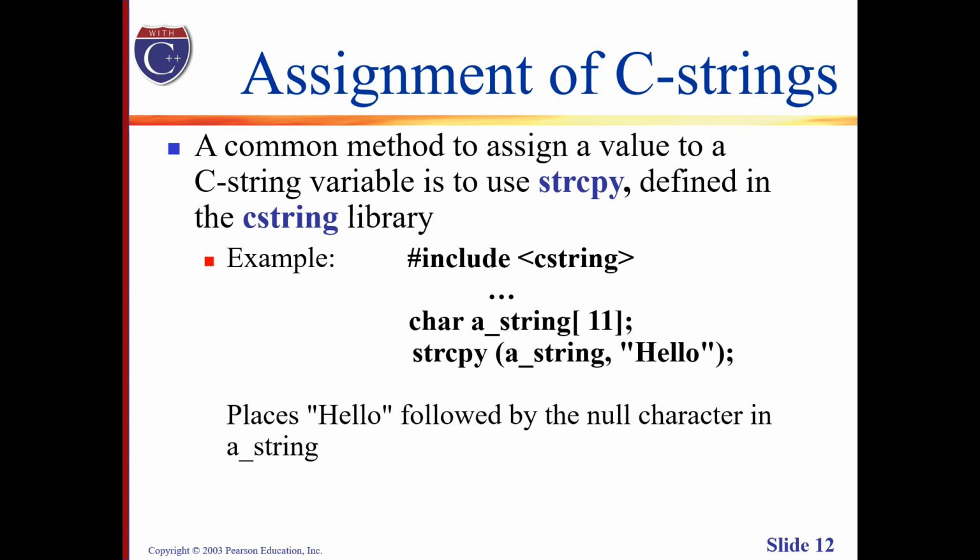For example, as we can see here, we declare the C string library to be included in our program, and of course, we declare our C string variable with the following size, and in this case, we use the predefined function strcpy by using the previously declared variable and of course the string value that we wish to assign to our previously declared variable.